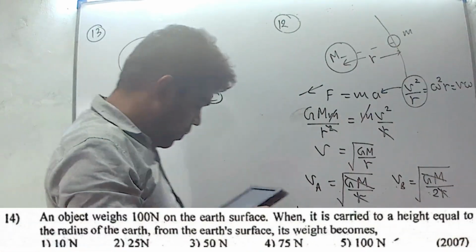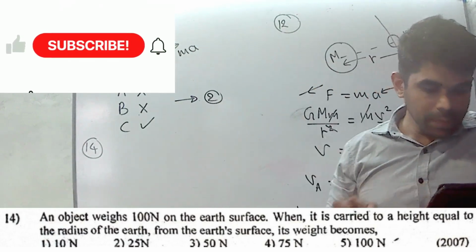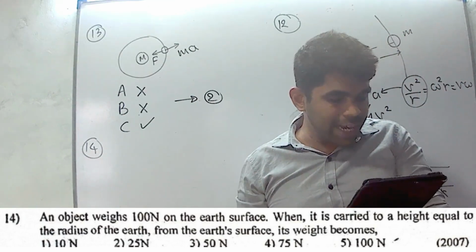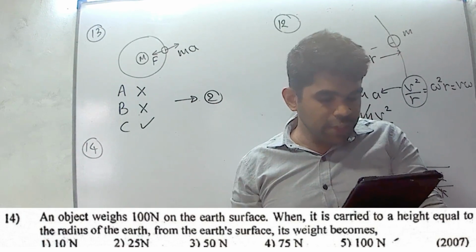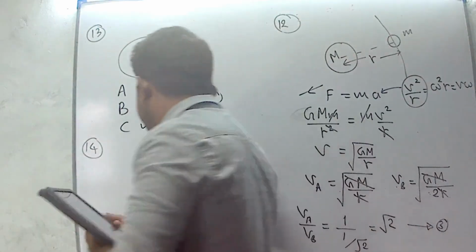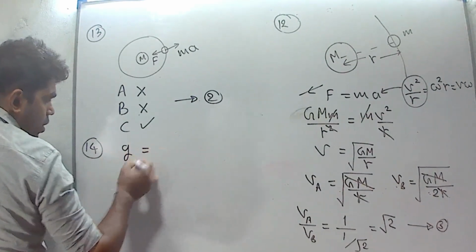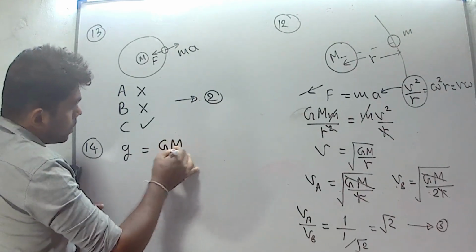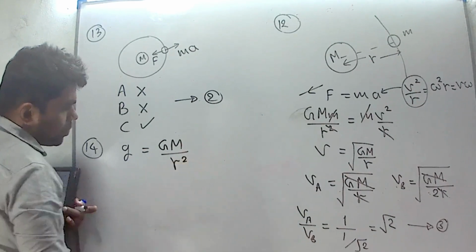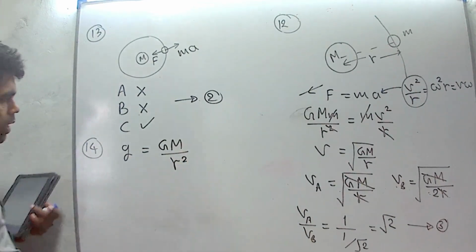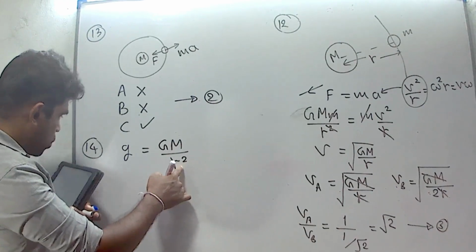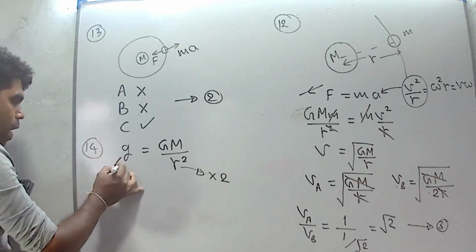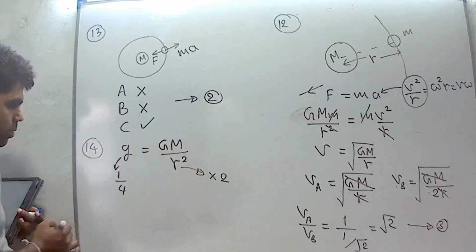Then question number 14. An object weighs 100 Newton on Earth's surface. When it is carried to a height equal to the radius of Earth from Earth's surface, its weight becomes. We know the gravitational acceleration, or gravitational intensity, is GM over r squared. Now the radius is 2 times, then the gravitational acceleration should be 1 over 4 times because of the square term.